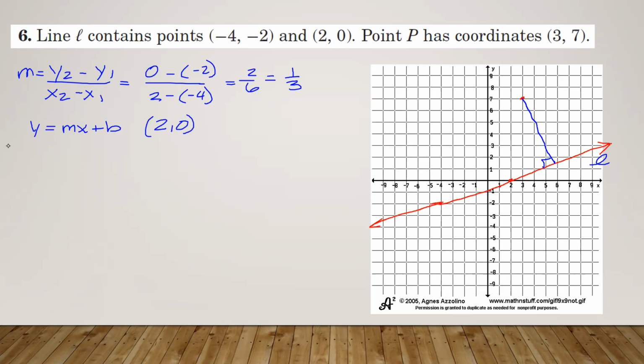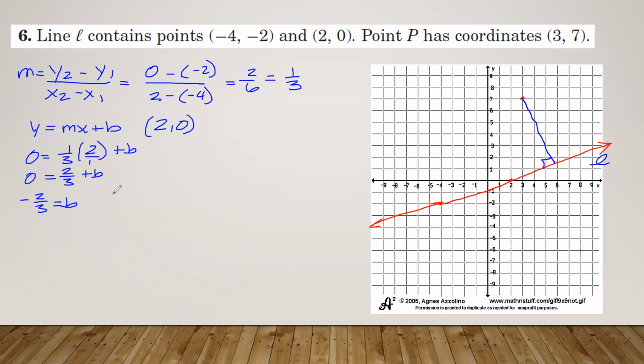So I have 0 equals 1/3, instead of x I'm going to put a 2, plus b. That gives me 0 equals 2/3 when I multiply 1/3 times 2 over 1. Remember, you just multiply straight across for fractions, plus b. So I subtract 2/3 from both sides, and I get -2/3 equals b.